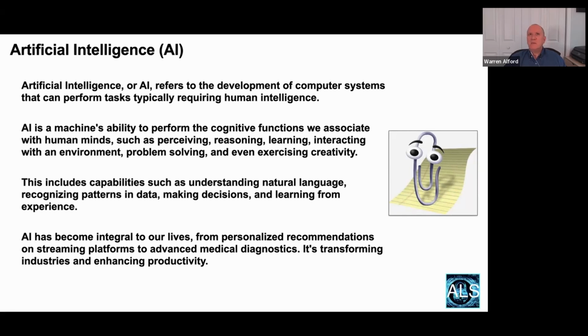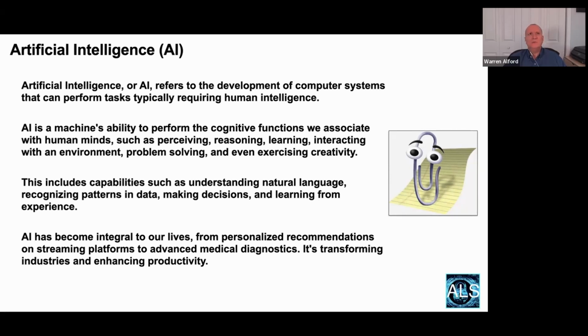This includes capabilities for understanding natural language. So language is the interface that we see between the human and the actual AI model. And again, it's becoming more integral to our lives.